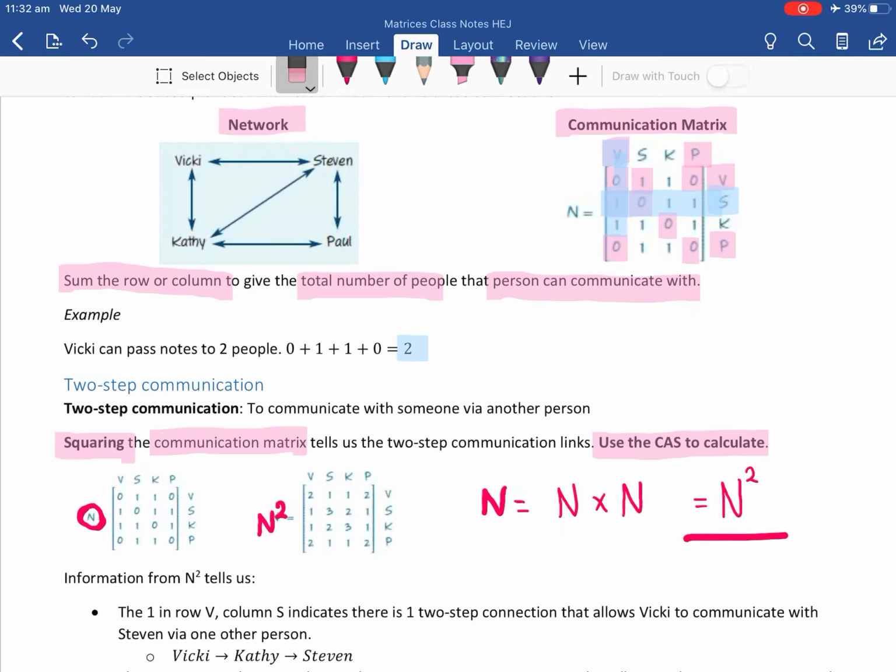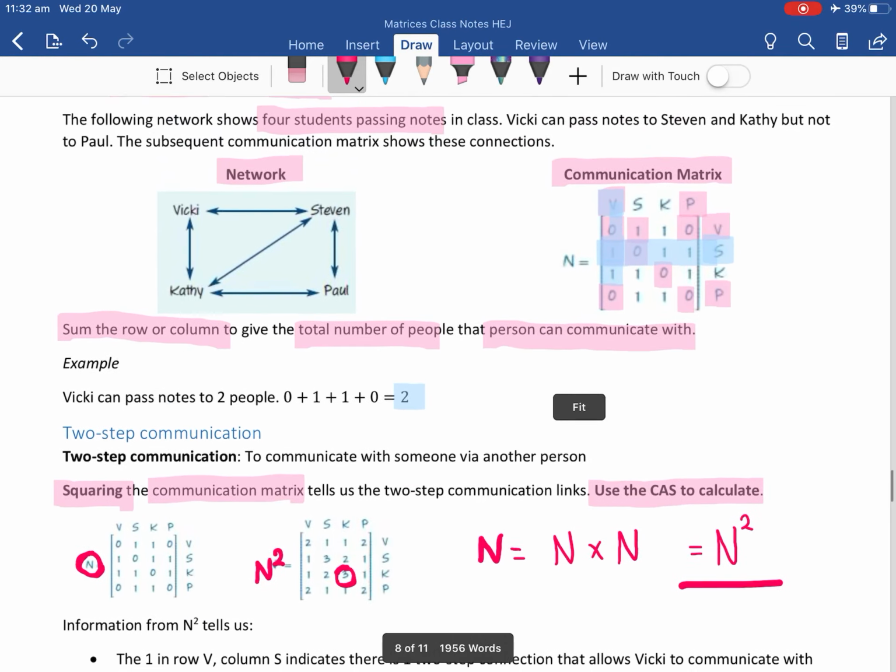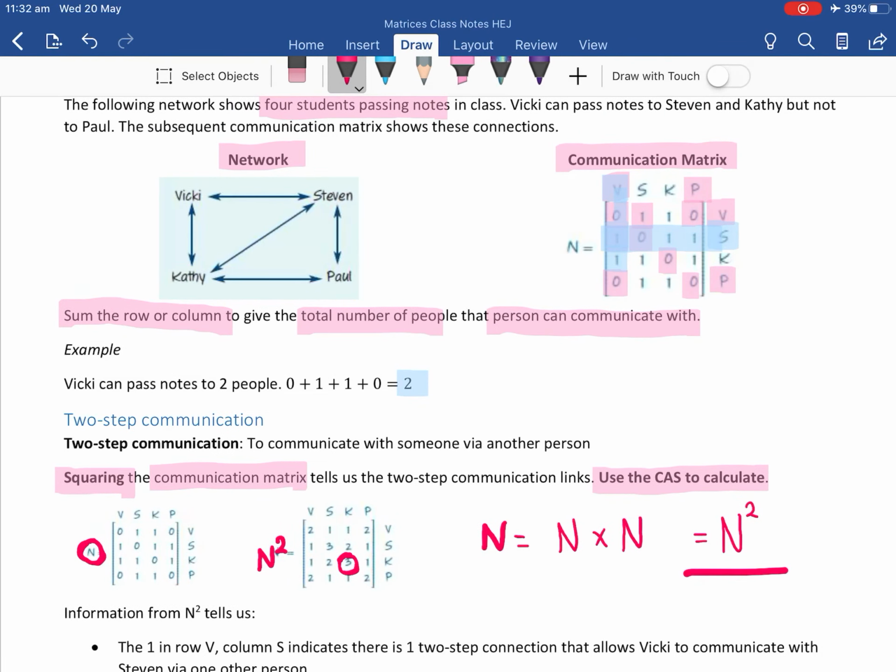Let me get rid of all this. Let's look at maybe this 3. This 3 indicates that there are 3 ways that Kathy can send a note and it will get back to her on the second step, which makes sense because she can pass a note to 3 different people.